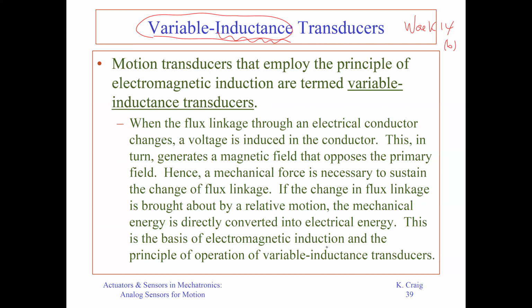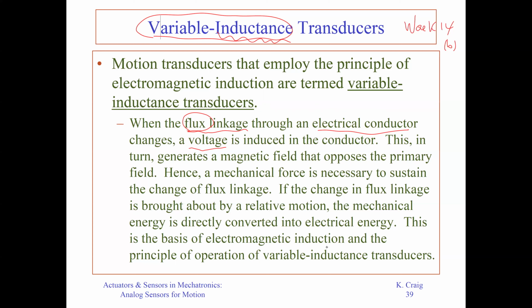Using the principle of electromagnetic induction, you have a variable inductance transducer. Basically you have a flux linkage, you have an electric conductor. If the linkage changes, the flux changes, okay, flux changes. Then a voltage will be produced in the conductor.